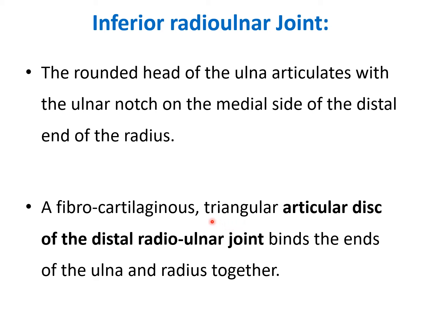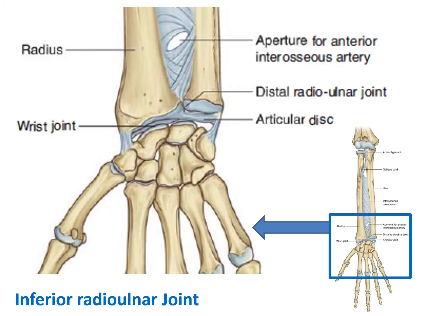So it is a thick fibrocartilage disc which is present at the joint cavity, specifically between the ulna as well as the carpal bones. So this is known as the fibrocartilaginous triangular articular disc of the distal radioulnar joint. It binds the ulna and radius together. How are we going to see that?